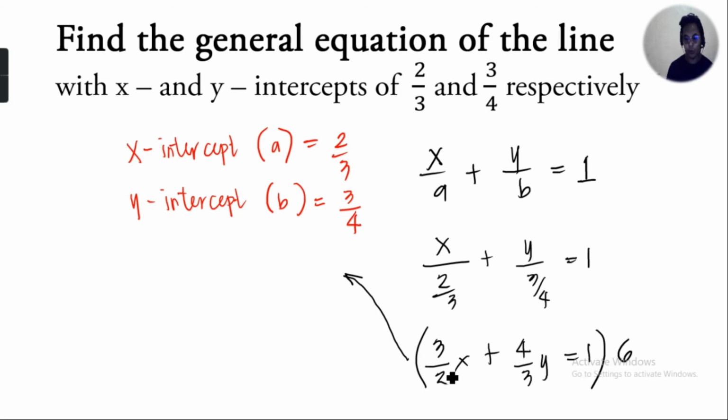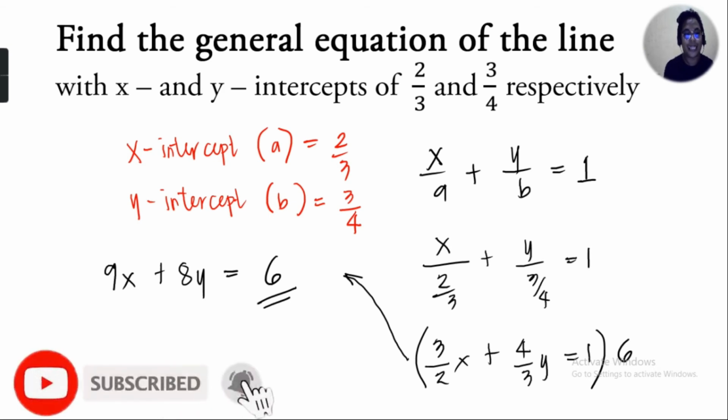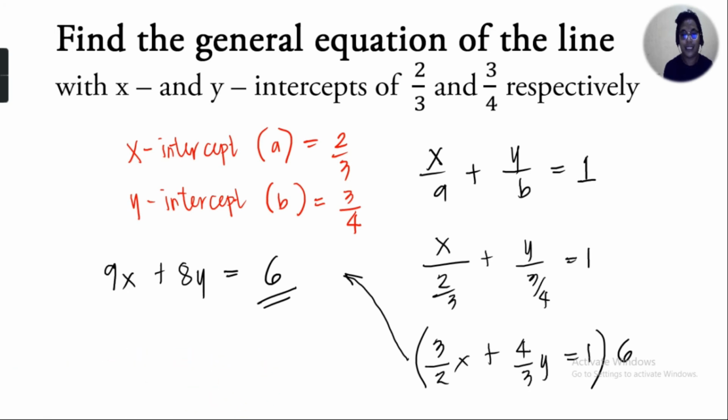So, 6 divided by 2 is 3 times 3 is 9x. 6 divided by 3 is 2 times 4 is 8. Then, we have 1 times 6 is 6. Therefore, the general equation of the line with x and y intercepts of 2/3 and 3/4 respectively is equal to 9x plus 8y is equal to 6.